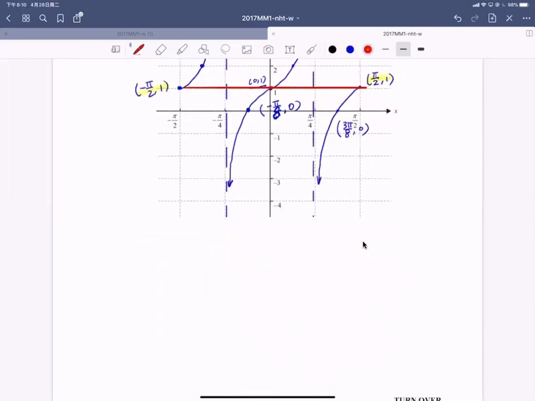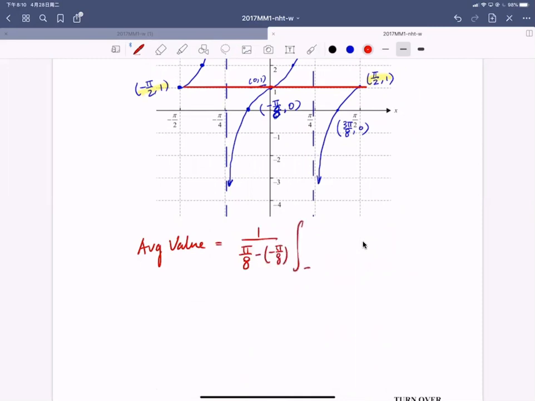Alternatively, you could do things like average value equals 1 over pi on 8 minus minus pi on 8, integral from minus pi on 8 to pi on 8, tangent 2x plus 1 dx, which will be a long, painful, tedious process.